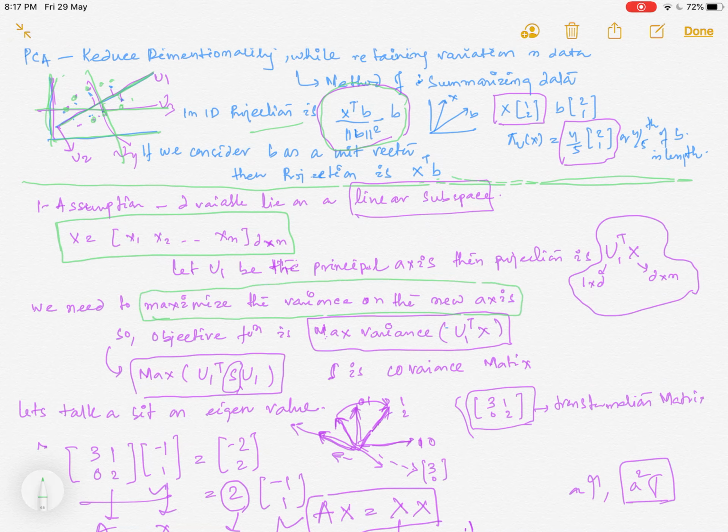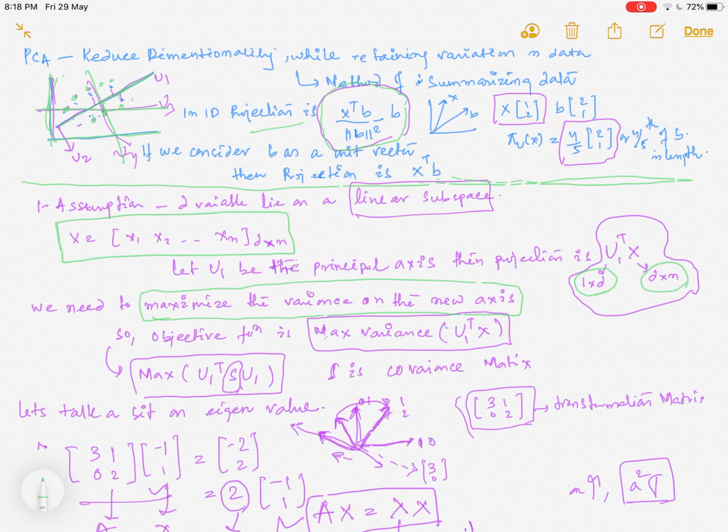In order to project, the formula will be u transpose x, where u is a 1 cross d matrix and x is d cross n. We will constantly keep track of whether it is 1 cross d or d cross n, because at the end we will see that when we reduce the dimension, we will have the same information when we project it back to the original axis or original space.